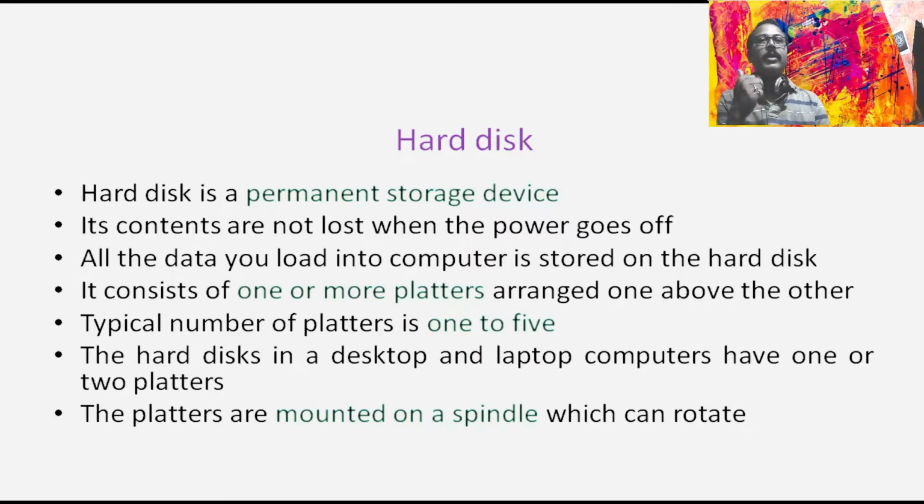But if the power goes off, its contents are not lost. Its contents are lost only when it gets damaged because of dust or some other reason, fire, etc. But in normal circumstances, it is a permanent storage device.